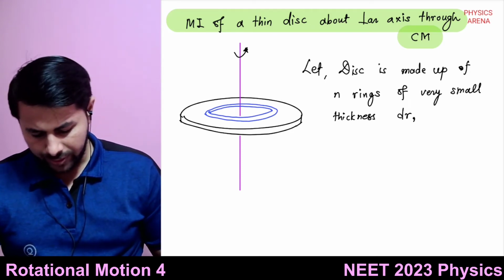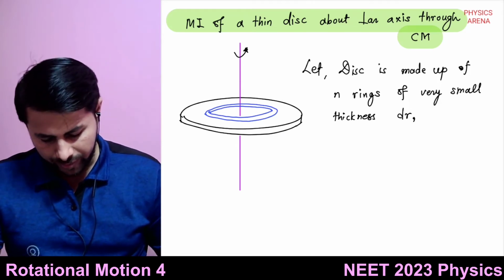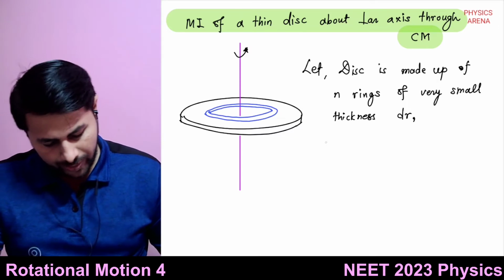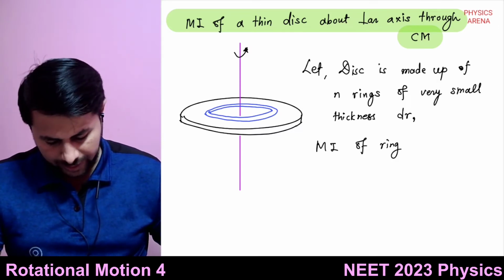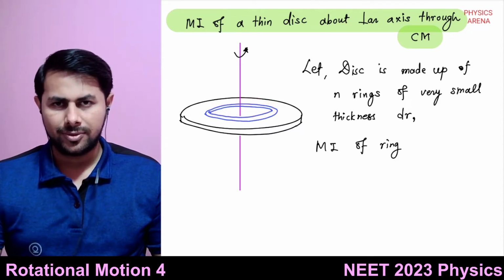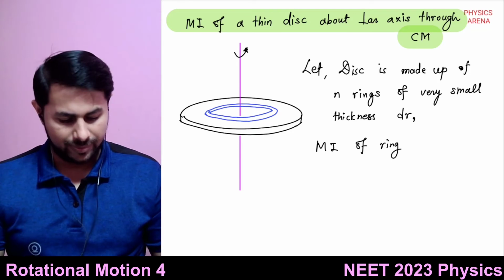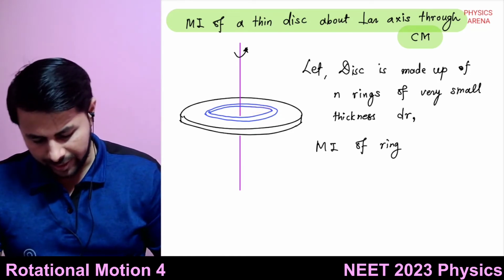Okay, so how much would be the moment of inertia of this ring? So MI of a ring, this ring which is shown here. We know the formula. So let's suppose its mass is dm. Then dm multiplied by r square.